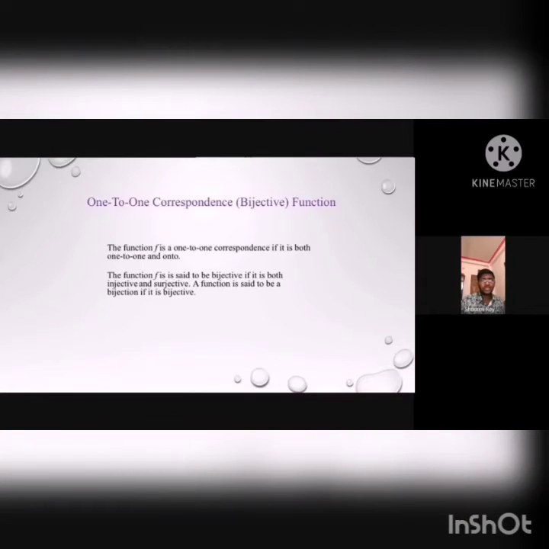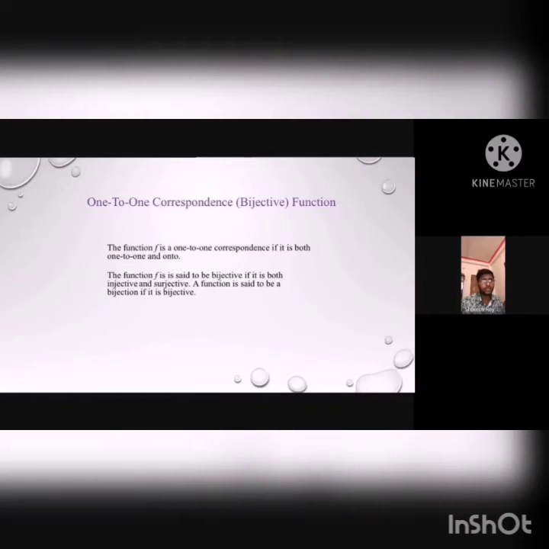This other slide shows one-to-one correspondence, the bijective function. The function f is a one-to-one correspondence if it is both one-to-one and onto.